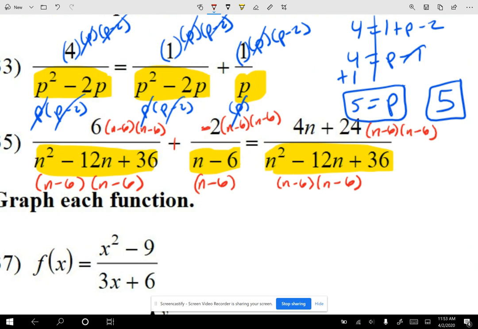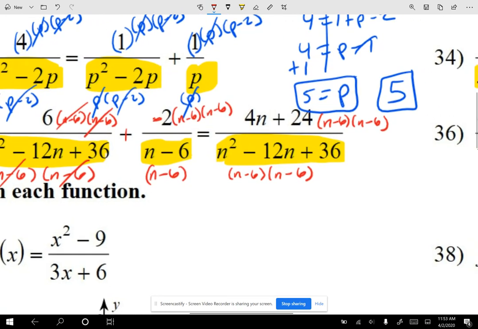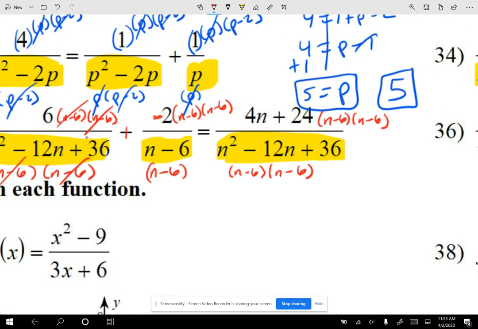All right, so looking at my first fraction, n minus 6 with n minus 6 cancel out, and n minus 6 with n minus 6 cancel out. So I just get 6. I'm going to write it over here. My second fraction, n minus 6 with n minus 6 cancel out. Now, negative 2 times n minus 6 is going to give me negative 2n plus 12.